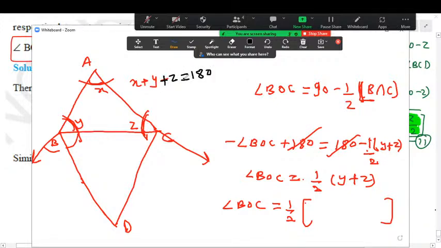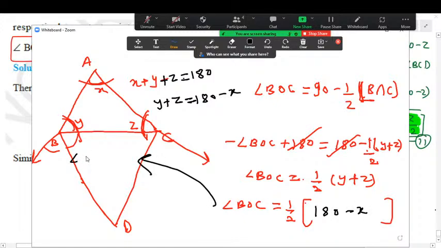Now if I want you to tell me the value of y plus g, or z you may say, it's actually equal to 180 minus x. And in this place, you can write 180 minus. And I'm solving this portion here now.